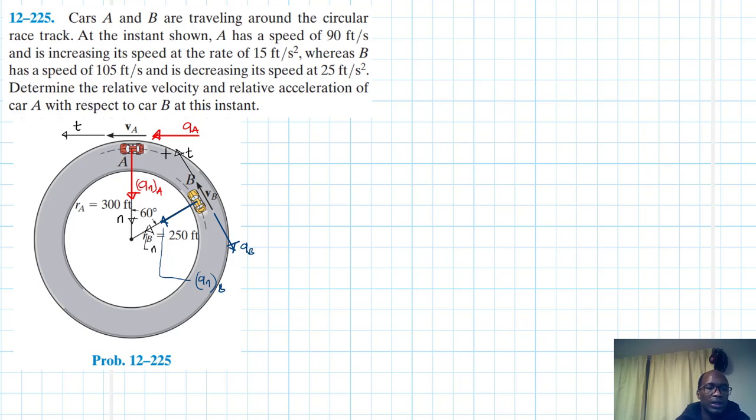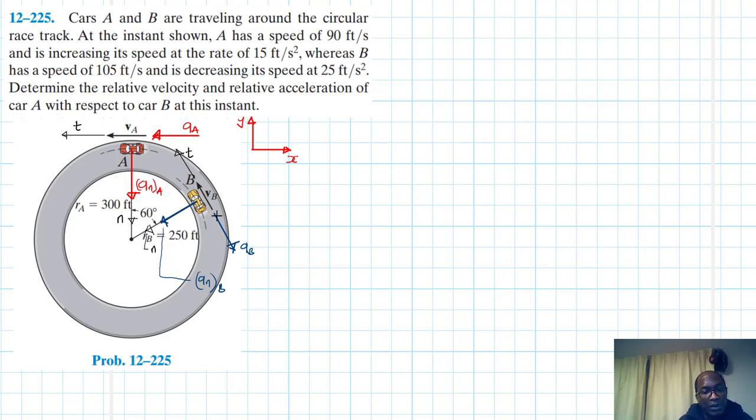For the acceleration and velocity of B, they are going to have components because they are at an angle. We are using this particular reference, this is our reference. This is our x and this is our y. So we expect to have components in these directions.